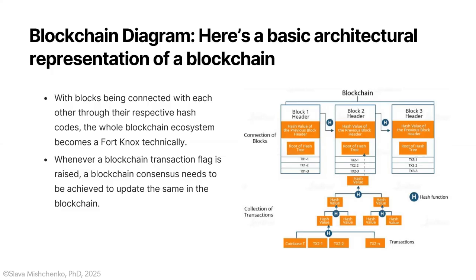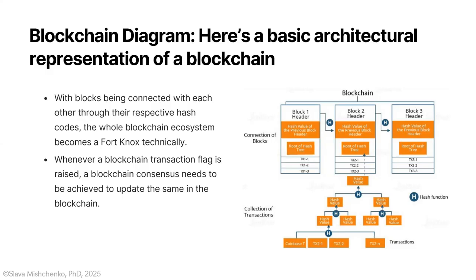Here, each block contains a header with three key elements: the hash value of the previous block's header, the root of the hash tree, and a list of transactions. You can notice how block 2's header contains block 1's hash value, and block 3 contains block 2's hash value. And this creates our unbreakable chain.